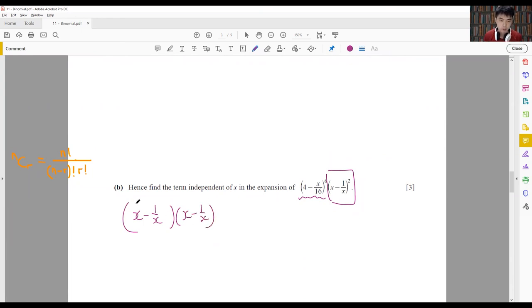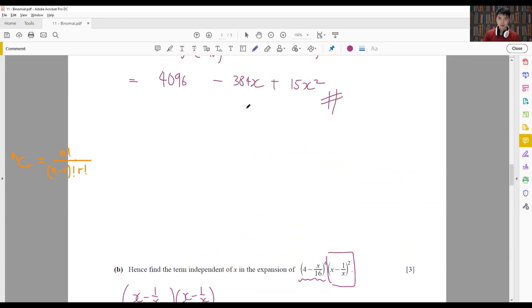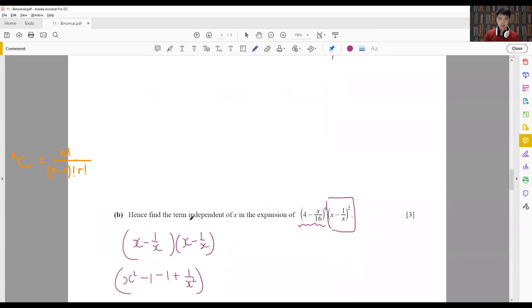Don't need to use the binomial method, just can expand it the normal way. x squared minus 2 plus 1 over x squared, right? This is your new expansion, and multiply it together with this expansion here to find the term independent of x.